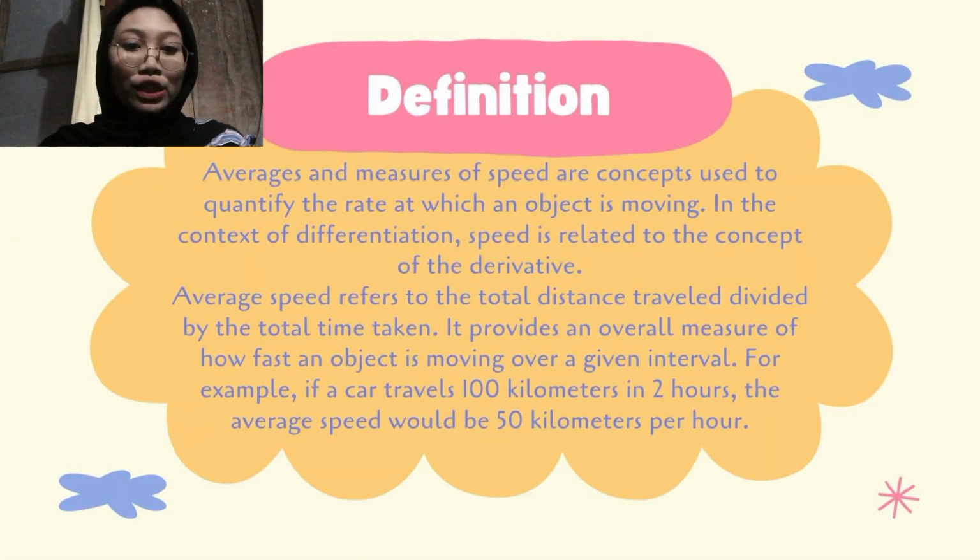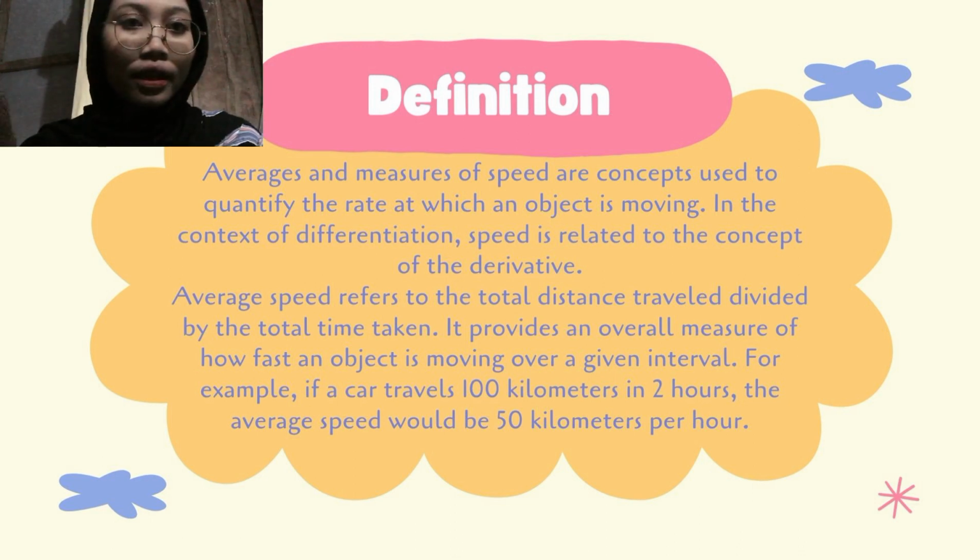First, definition. Averages and measure of speed are concepts used to quantify the rate at which an object is moving in the context of differentiation. Speed is related to the concept of the derivative.